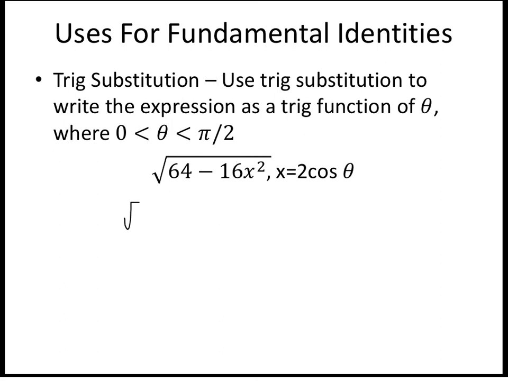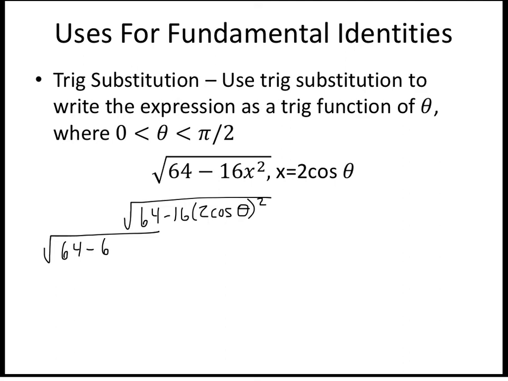So my expression will now be 64 minus 16 times 2 cosine theta, and all of that in parentheses is squared. So when I square this, I get 64 minus 16 times 4, which is another 64, and then cosine squared theta.